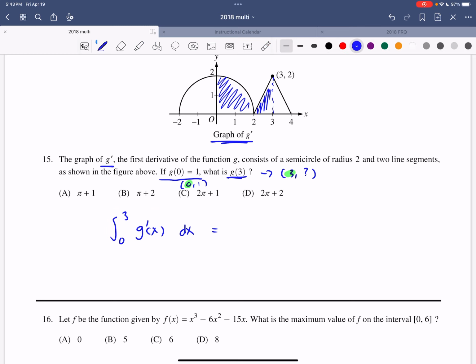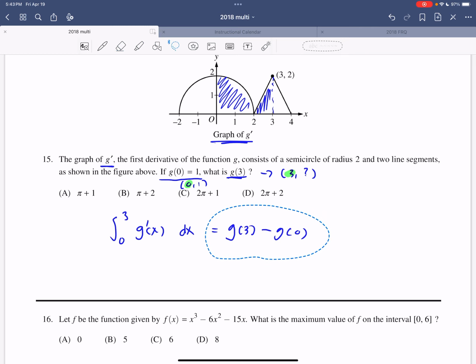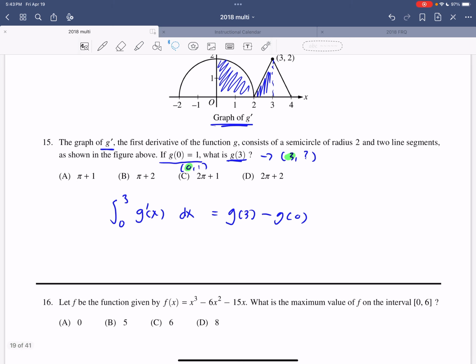When I antiderive it, that's going to be g of x from 0 to 3. But when I simplify this one, this is the same thing as g of 3 minus g of 0. Are you okay? So let me erase this one, and let me put this one here, because that one should come out automatically. So what we have to do is, here's the thing.